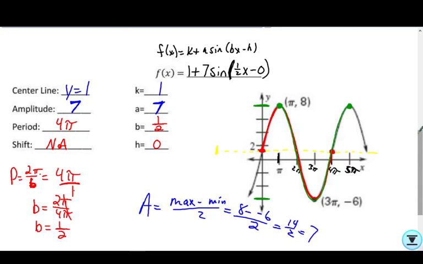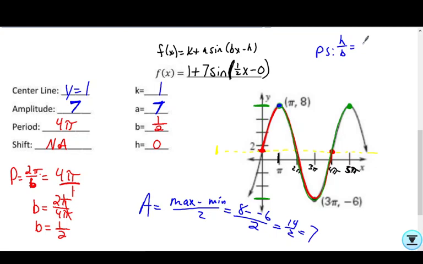Okay? So since it was a stretch, you would have said, okay, wait a minute. I know phase shift is h over b, and I know it was moved over here to pi, so you would have basically said, oh, I know what b is.